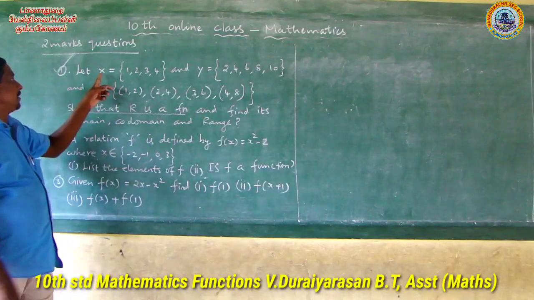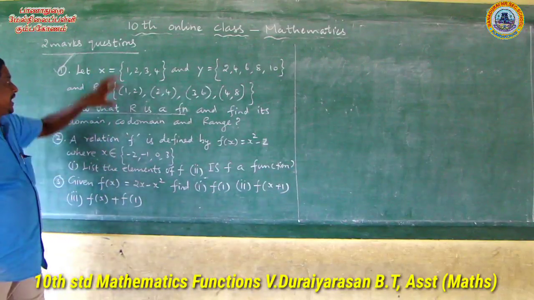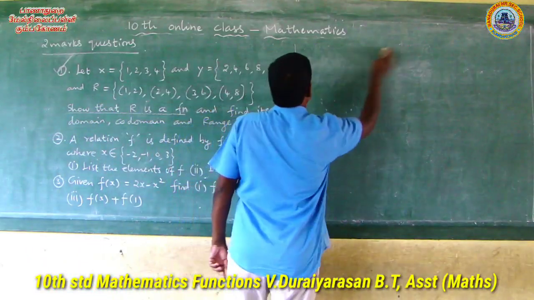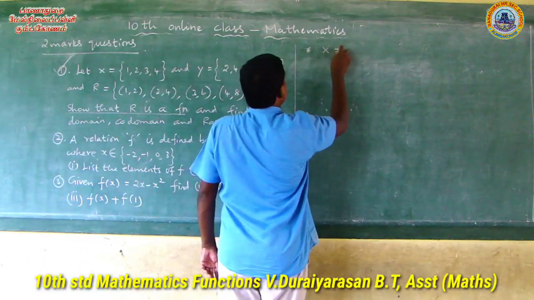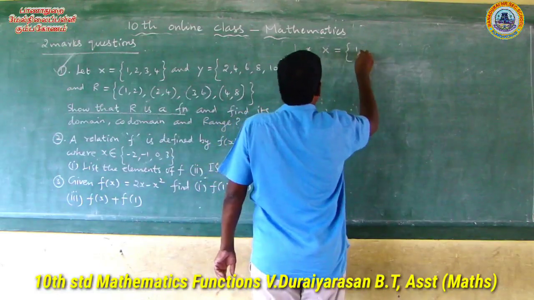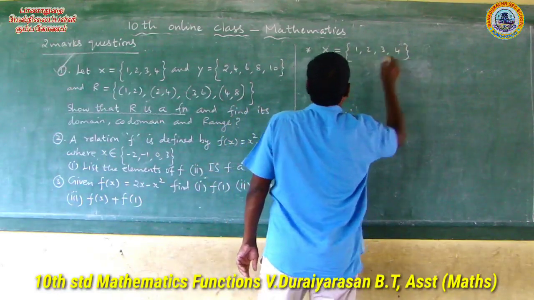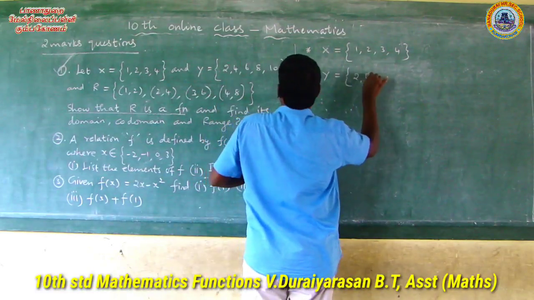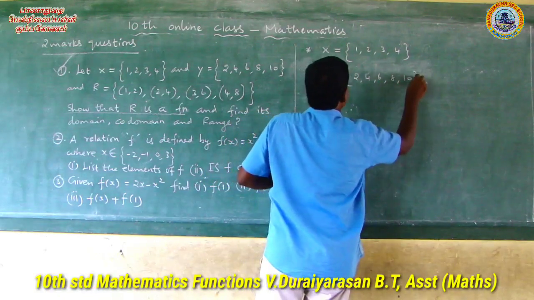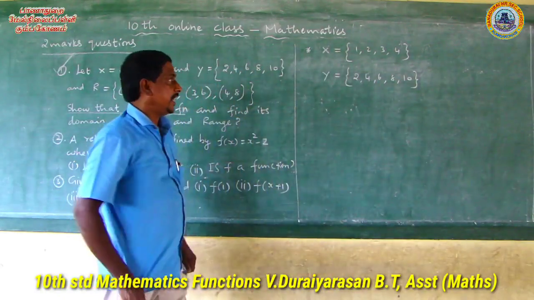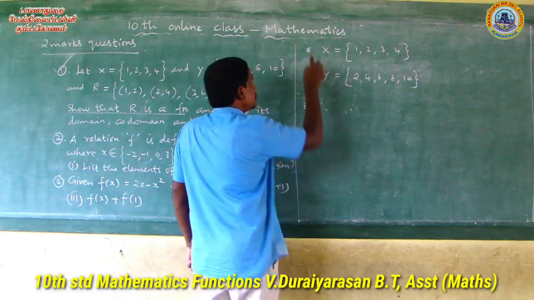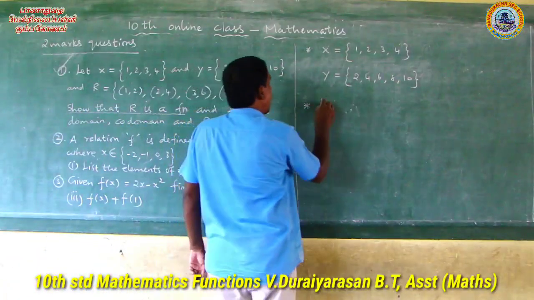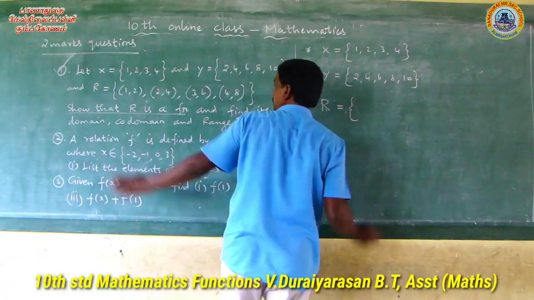So what is given? The set X is given and also Y is given. First, X is equal to 1, 2, 3, 4. Next, Y is given as 2, 4, 6, 8, 10. The 2 sets are given and also the relation R between the 2 sets. The set of all ordered pairs R is equal to, what is this?